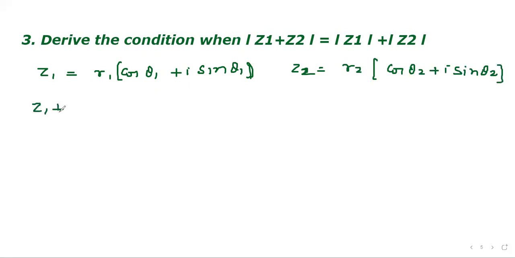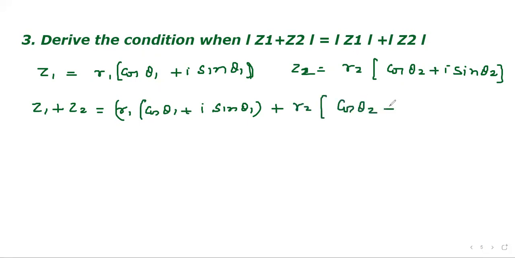Now Z1 plus Z2 equal to R1 cos theta 1 plus iota sin theta 1 plus R2 cos theta 2 plus iota sin theta 2.